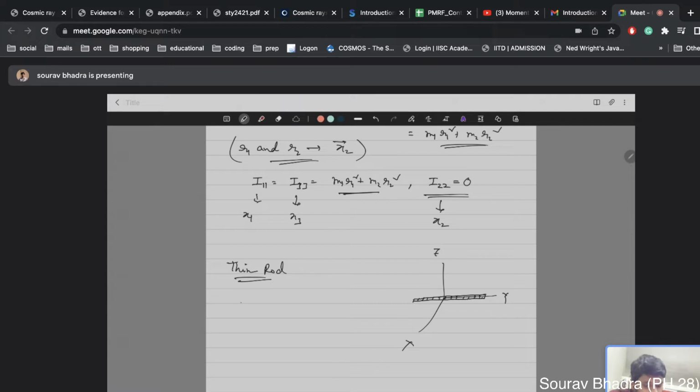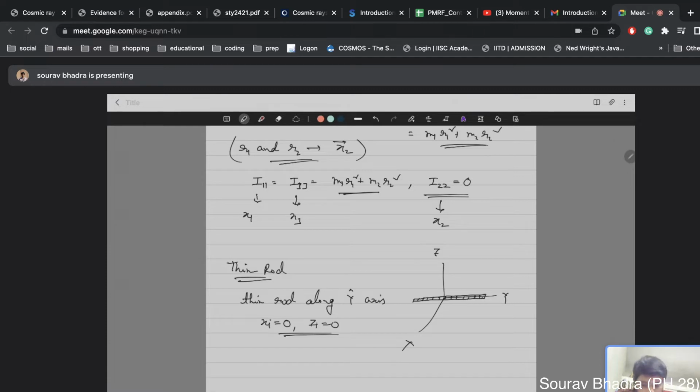This rod is along the y-axis. That means all your xi equal 0 and all your zi equal 0 for this particular system, same as before.